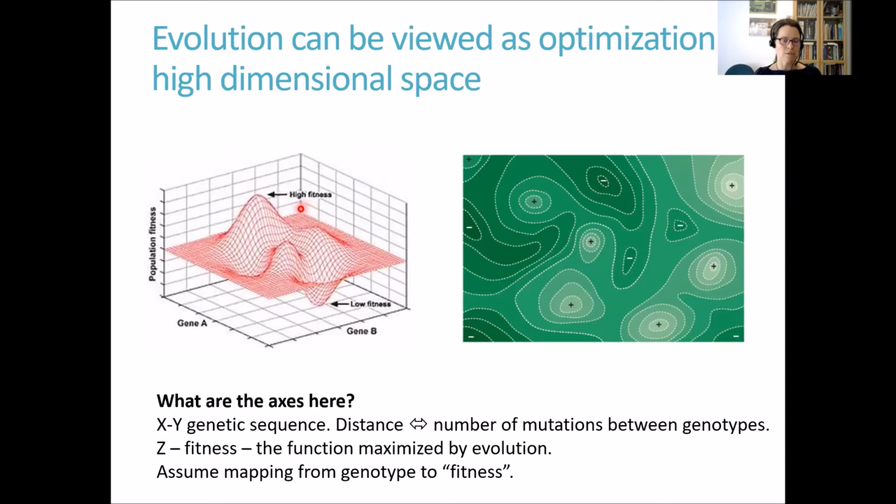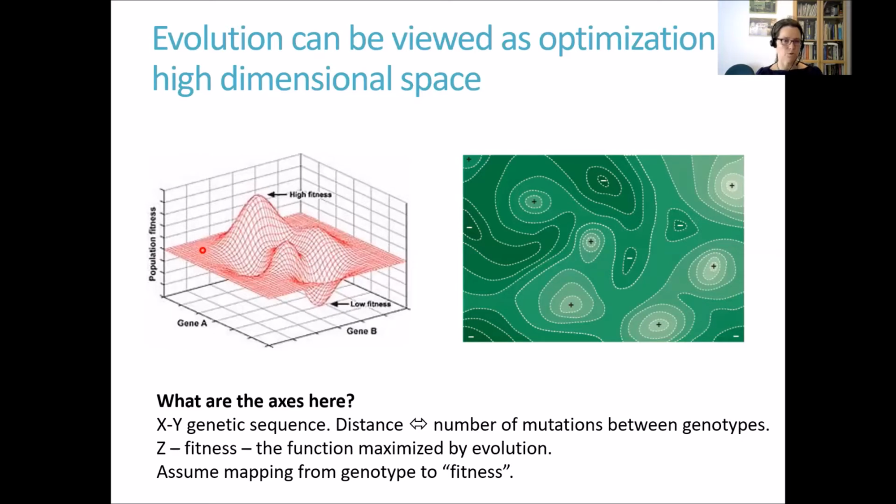So importantly, this is not just a mapping from genotype to fitness, but actually this also includes a measure of distance between genotypes. So genotypes that are far away from each other in this landscape are also far away in terms of the number of mutations needed to go from one genotype into the other.